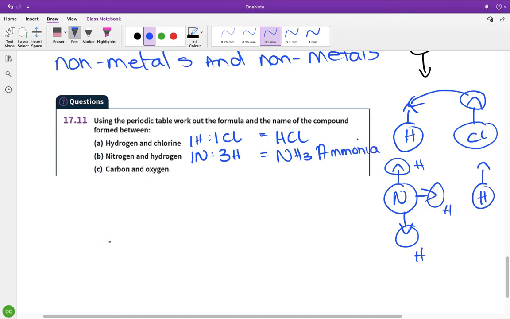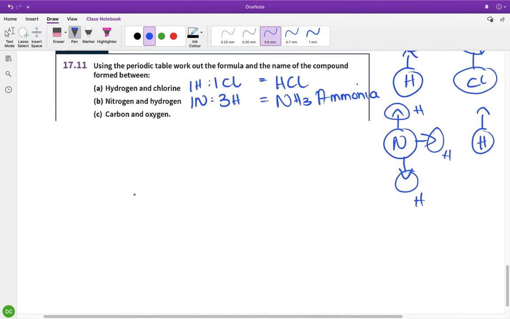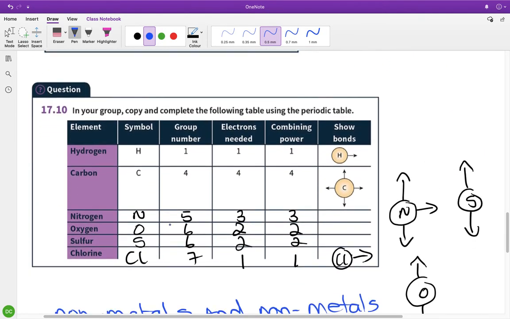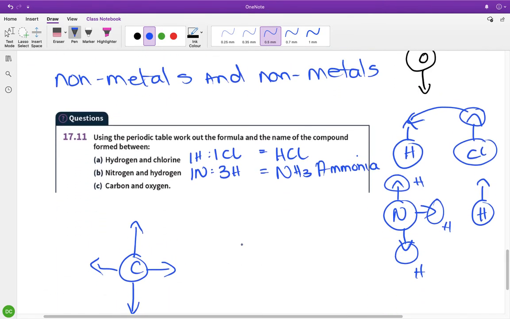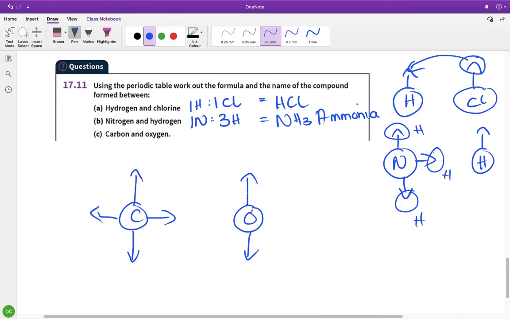And the last one then is carbon. Did we do carbon? Handy, we did. Carbon is in group 4, which means it needs another 4. And oxygen we did. Oxygen is in group 6, which means it needs 2, so oxygen has a combining power of 2. If I take this oxygen and put it over here, it will deal with these two.